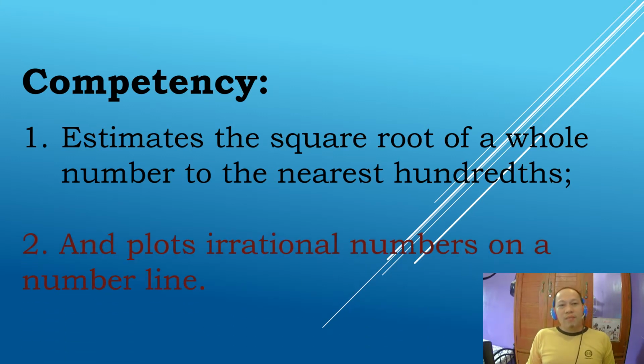So, this time, another competency ay yung plotting irrational numbers on a number line. So, saan talaga natin siya makikita? Exactly. So, hindi lang dun sa pagitan ng dalawang integers, but besides, alamin natin kung saan talaga natin siya makikita.